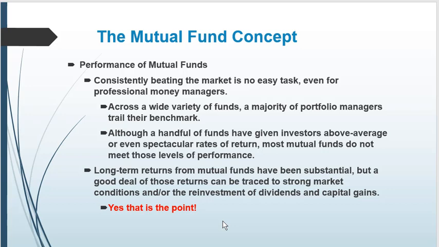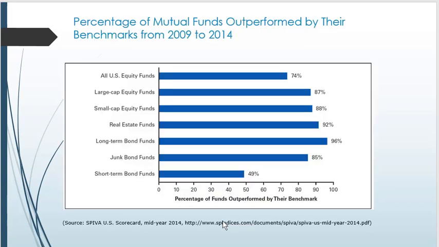And yes, that's the point. That's the point of investing, right? You invest for the long term. You reinvest to get compound returns. So I'm not really sure what their point is here, although they have basically described what a good investment vehicle will do.